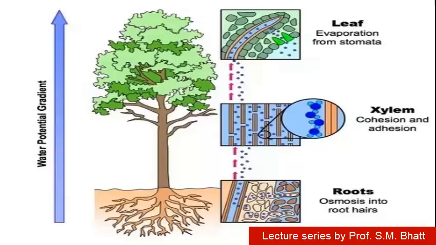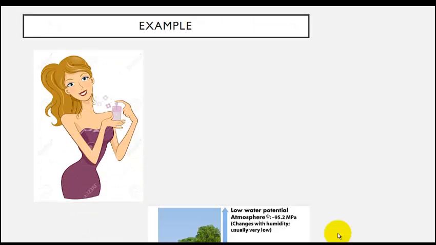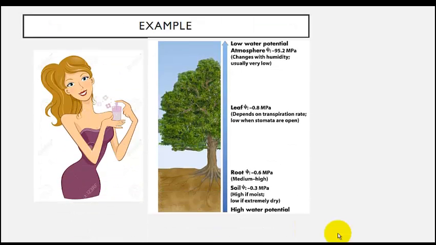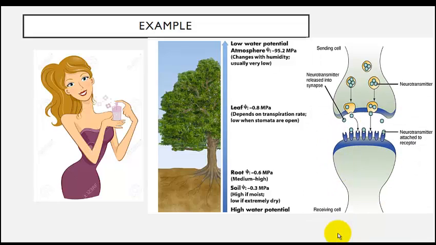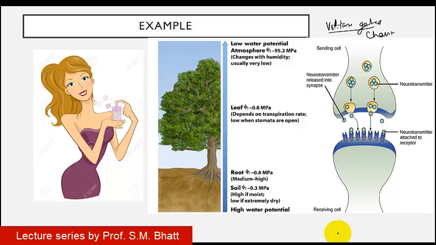For example, if you are spraying a spray, there is diffusion. We will discuss how water is transported after absorption from the soil, because of water potential difference. And there is the voltage gated channel, a channel protein which is part of facilitated transport, right?